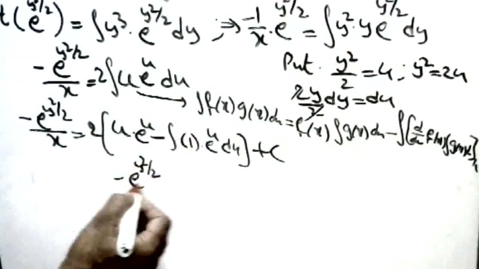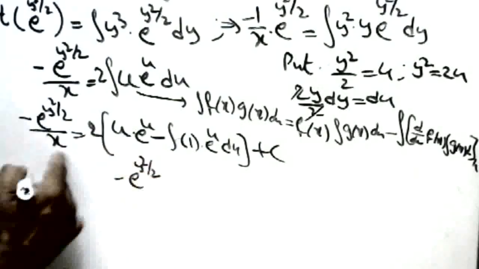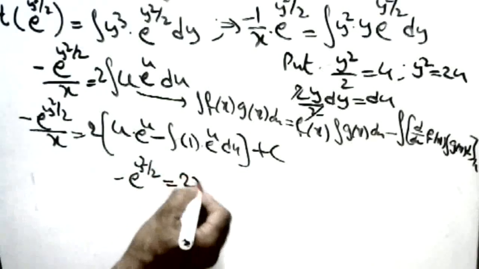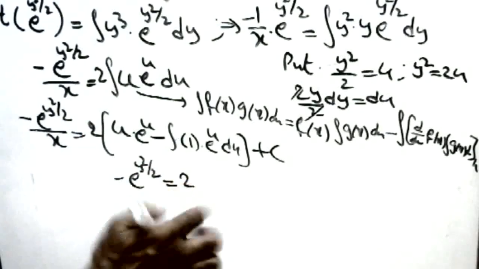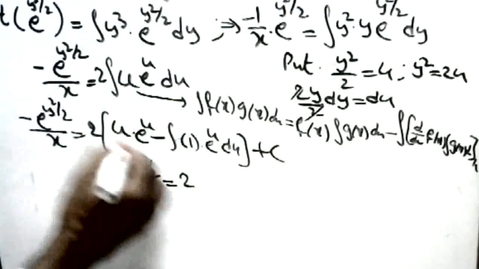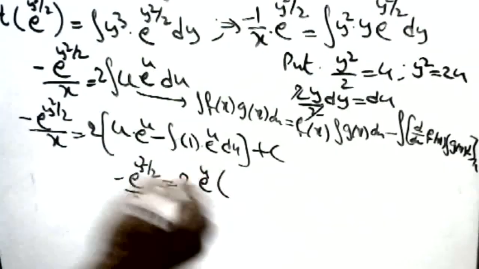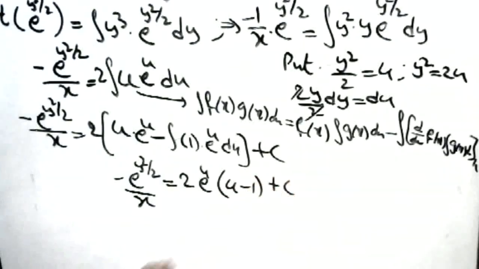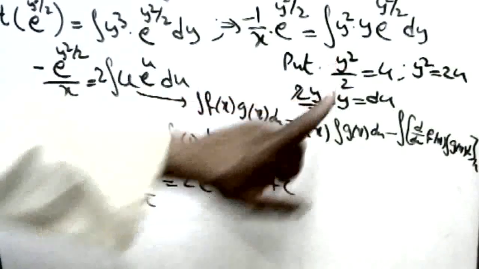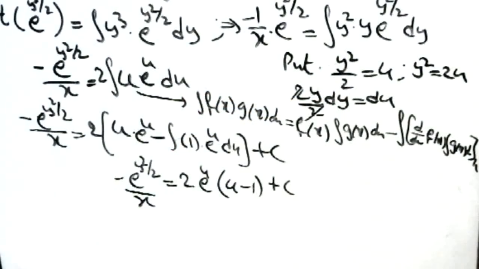So minus e to the power of y square by 2 by x equals 2 into, we take common e power u, left with u minus 1, plus c. Now lastly change the value of u, which we have taken as y square by 2.